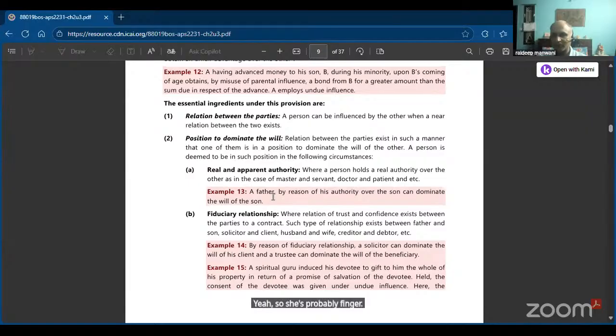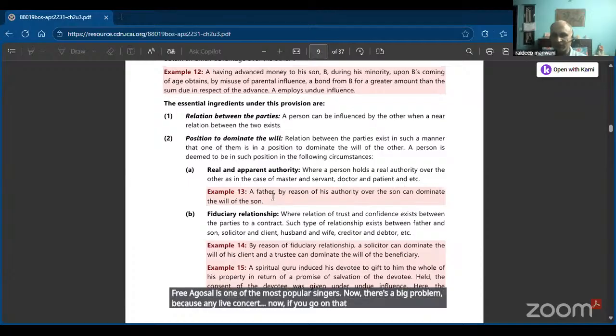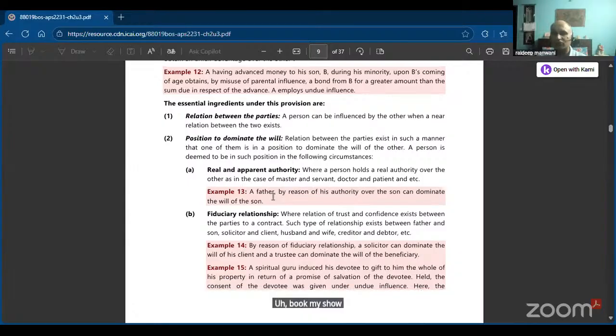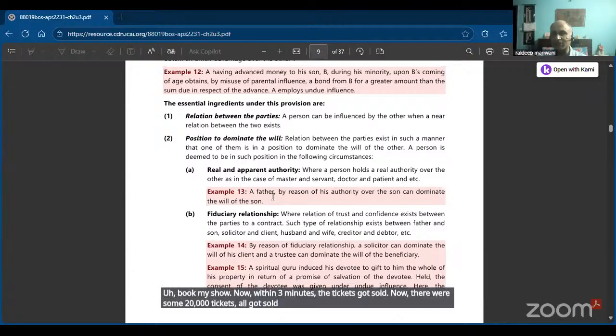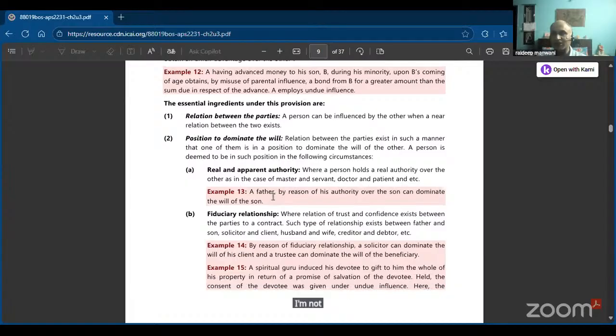Now, there's a big problem with any live concert. On that website, what is it, where they sell all these tickets? Book My Show. Within 3 minutes, the tickets got sold. There were some 20,000 tickets, all sold within 3 minutes. I'm not exaggerating. In 180 seconds, she got 20,000 bookings.